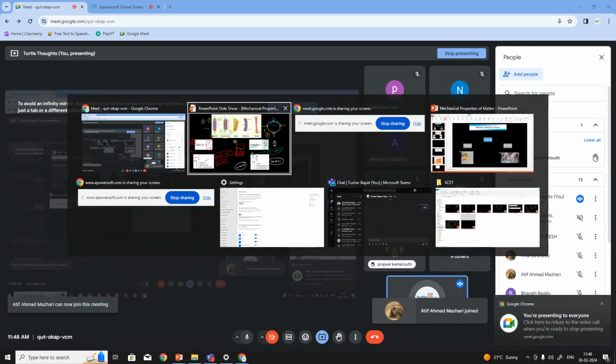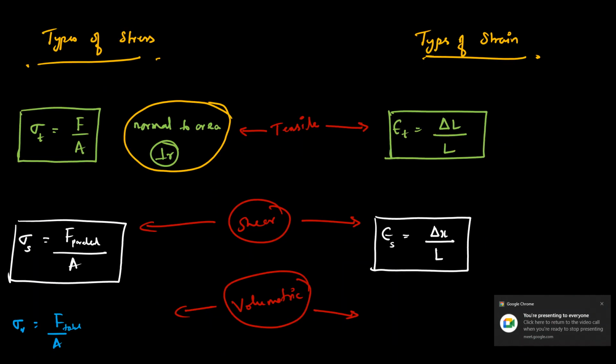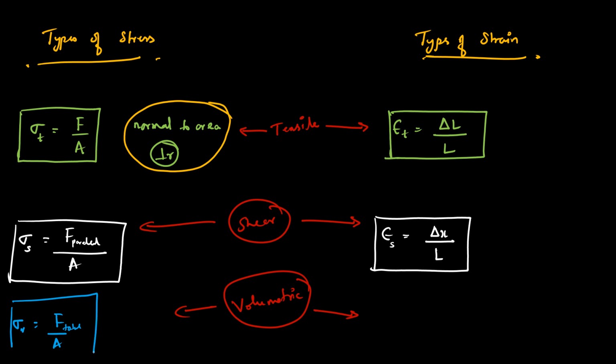So here I can write down F total over here, and a box around it. And similarly here it's going to be epsilon v, and it is going to be your delta v, the change in volume divided by the volume. This is the difference. Okay, so these are the main things that you have to know.